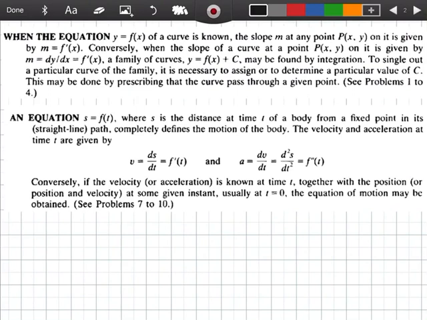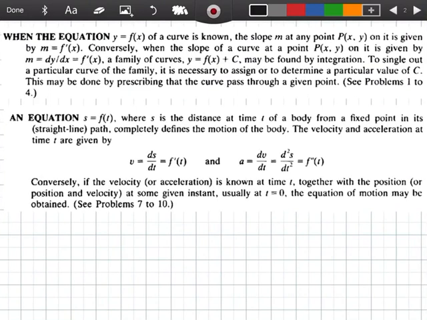If s as a distance is a function of t as time, the velocity and acceleration at time t are given by: velocity is the difference of distance over the difference of time. That means the first derivative of that function is the velocity and the second derivative is the acceleration, where acceleration is the first derivative of the velocity.